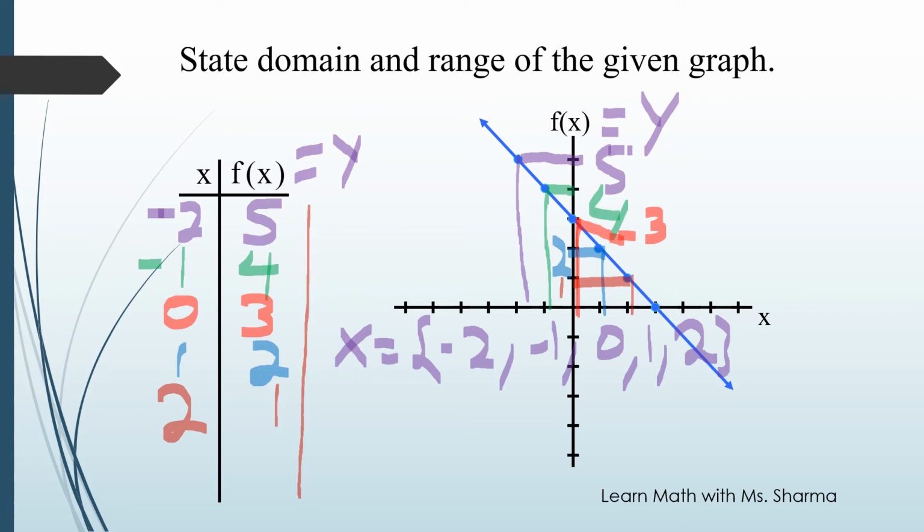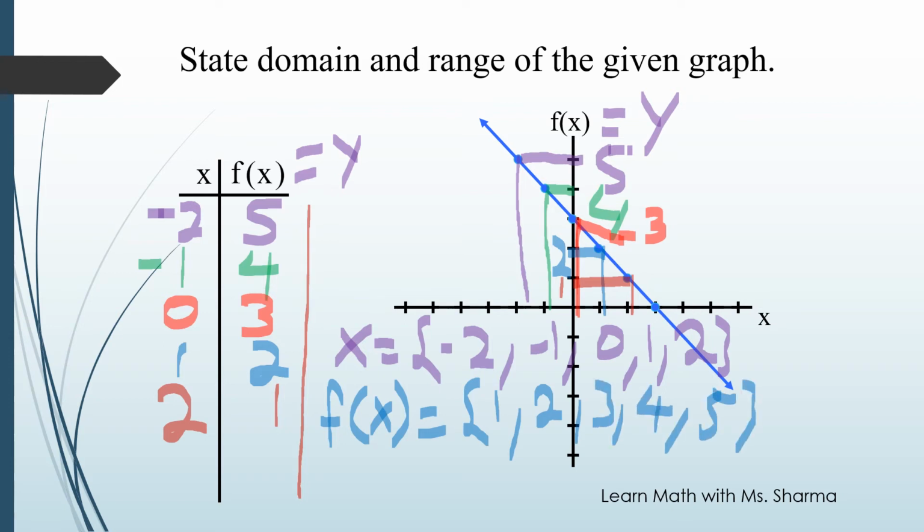Our range, f of x, the y values, is 1, 2, 3, 4, 5. And this graph is a function if we draw a vertical line test, or we can say the domain is not repeated. Each domain has a unique range, or exactly one range.